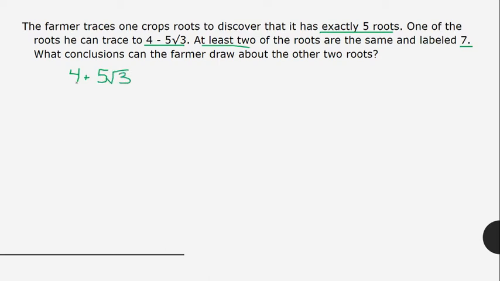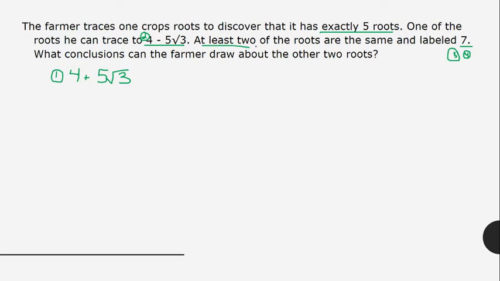So that gives us 1 of them, 2, and then it says we have 5, so that means we need 3 more. It says here there's at least 2 of the roots are 7. So we know then that this would be our 3rd root and our 4th root. So we need to know what's our possibility for our last root, our 5th root. Well, it says at least 2.